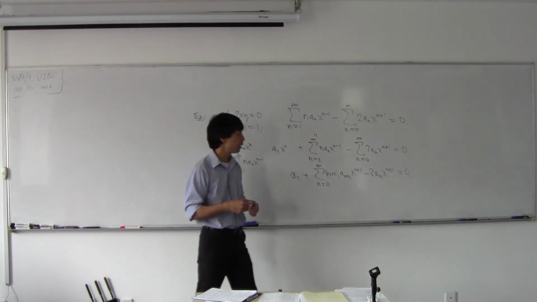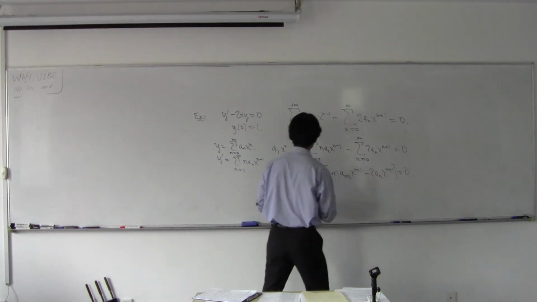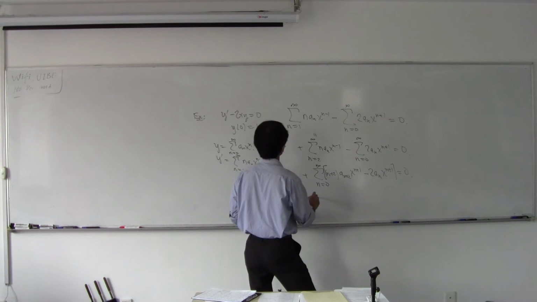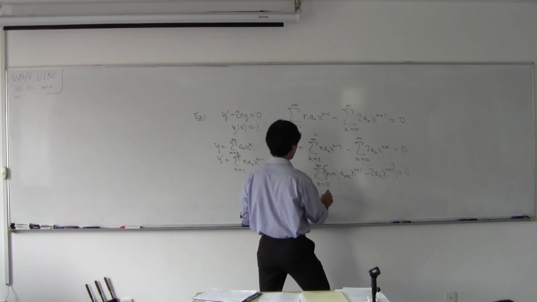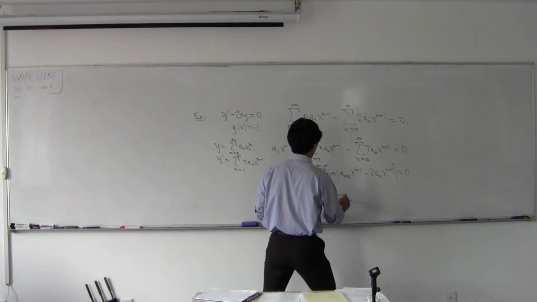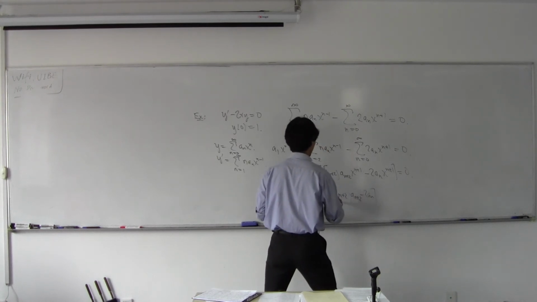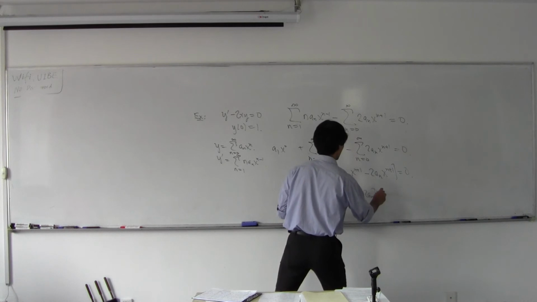Now you see that's a lot easier, that's a lot better. We have a1 plus summation n equals 0 to infinity, n plus 2, a sub n plus 2, minus 2 a sub n, times x to the n plus 1.